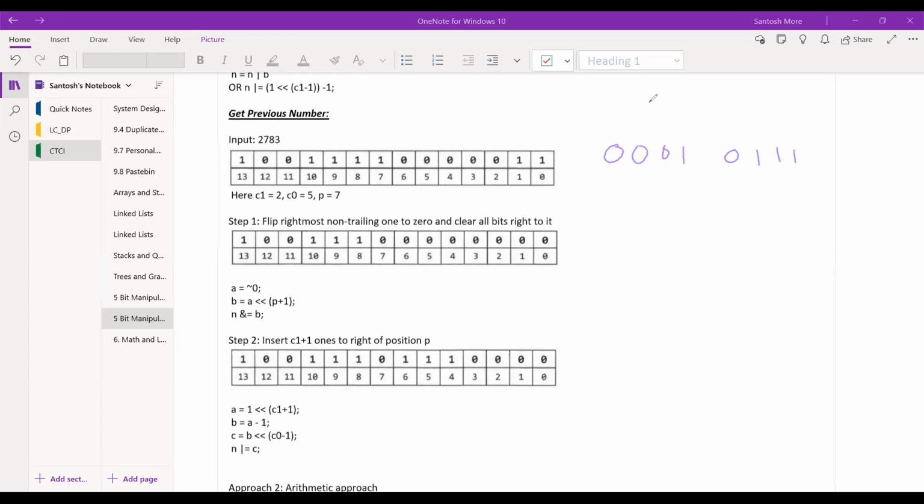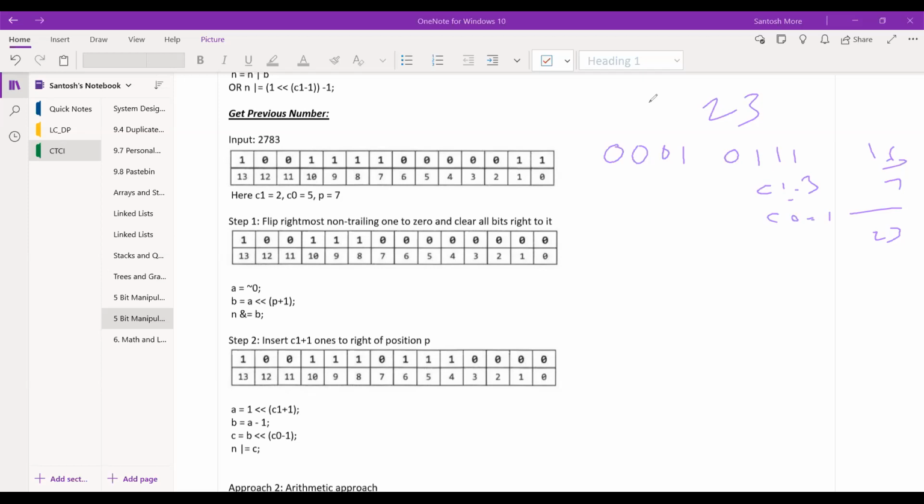In this case the number is 16 plus 7, which is 23, right? So my number is 23. Now I have 3 ones, C1 is 3 and C0 is 1, so this is 4.